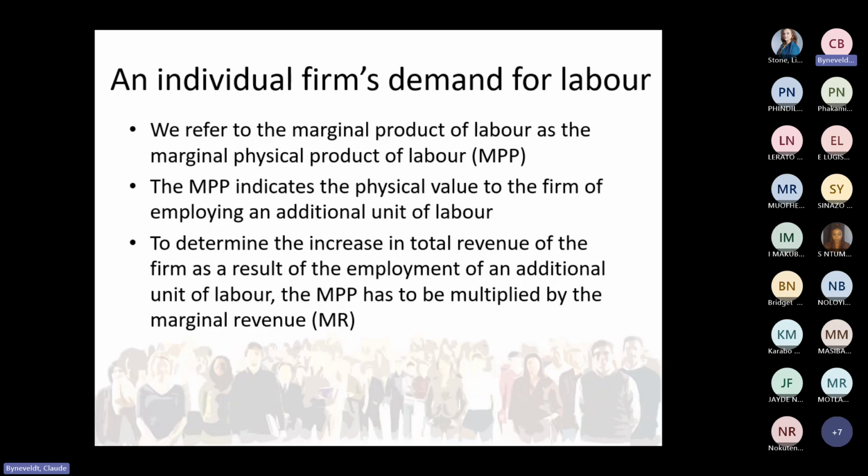So you won't employ one additional unit of labor if it won't benefit the firm, if it will not add to the marginal benefit of labor, because you will employ additional units of labor as long as the marginal benefit of labor exceeds the marginal cost of labor.